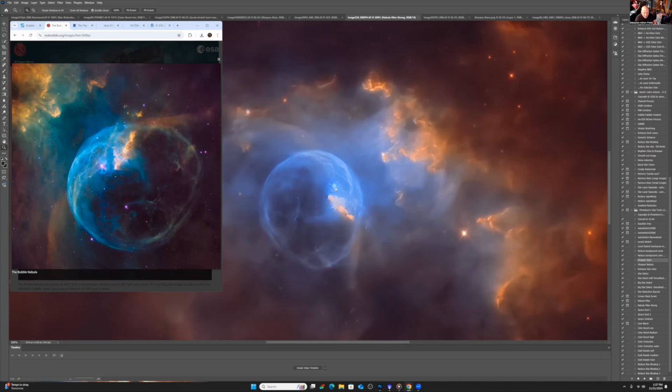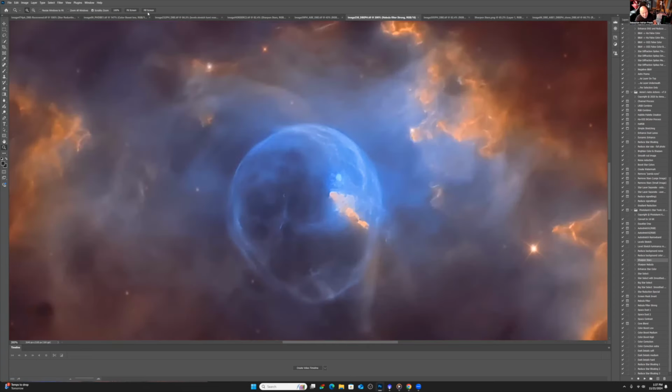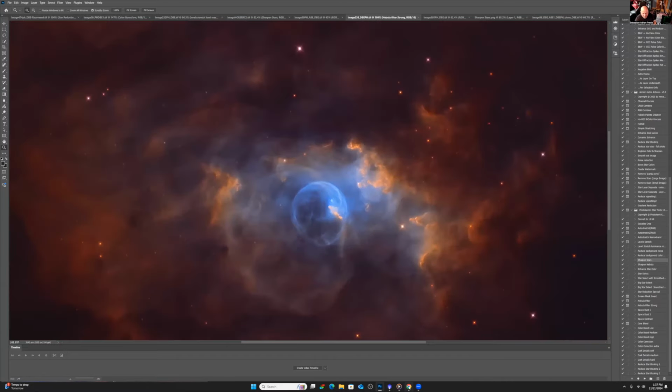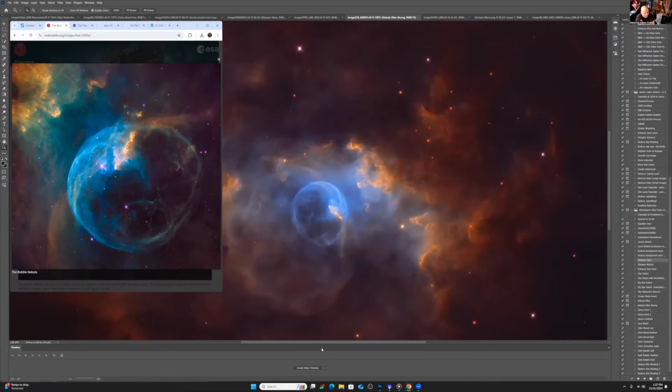And you can see this in my image as well, just a little bit, of course. And again, the same thing applies, that the aperture of the telescopes, they cannot be compared.